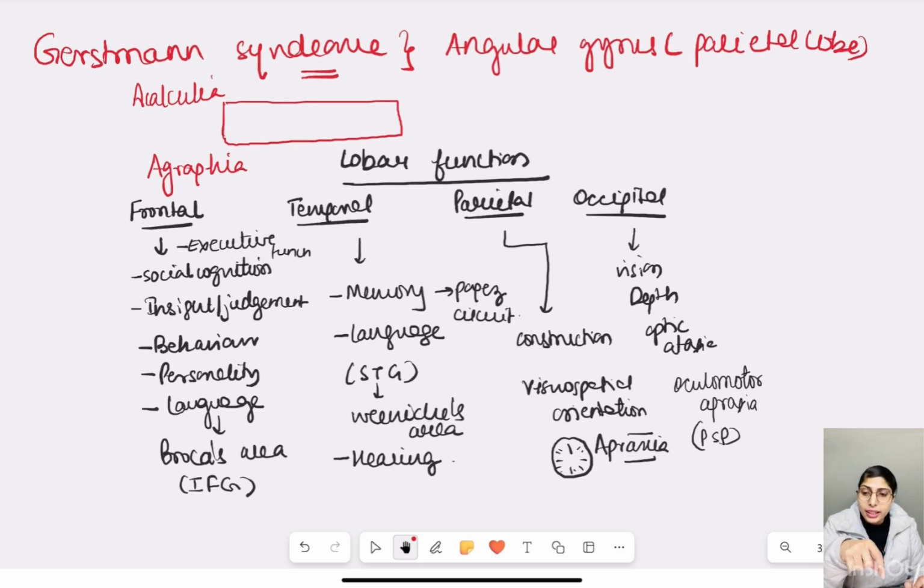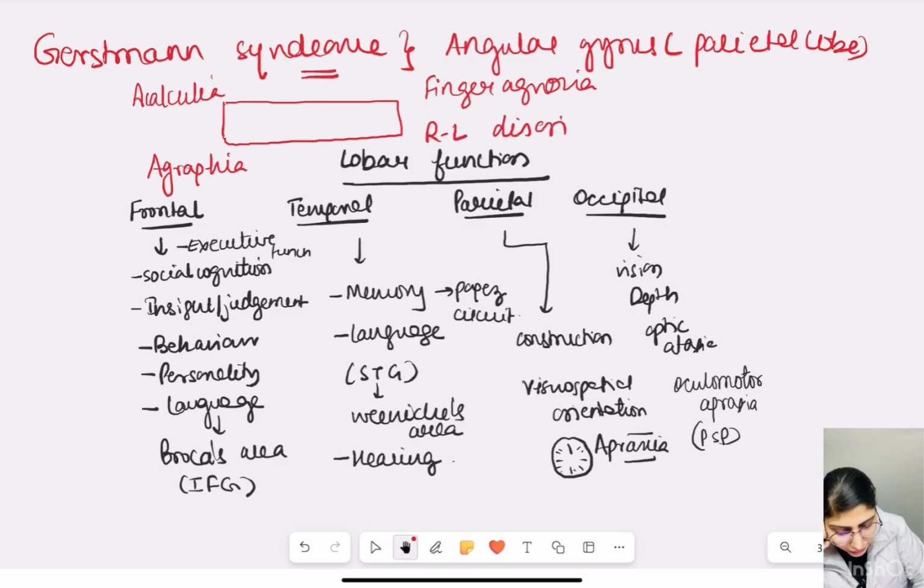The person doesn't know that I have to start from left, go to the right, or I have to keep spaces between words, and that is why there are writing differences in this Gerstmann syndrome. Then there is finger agnosia, not able to recognize which finger. And then there is right left disorientation.